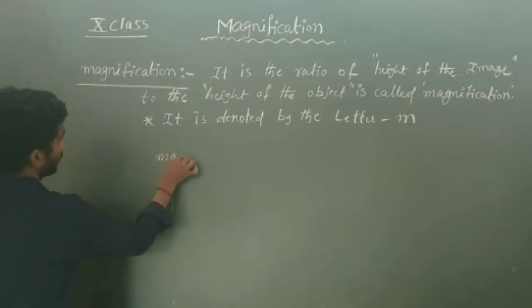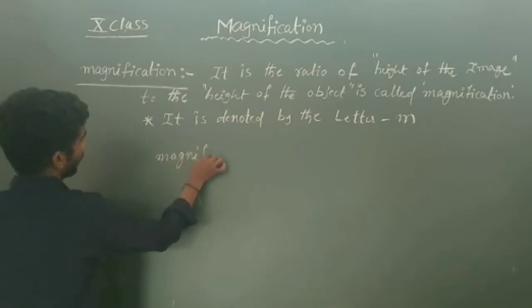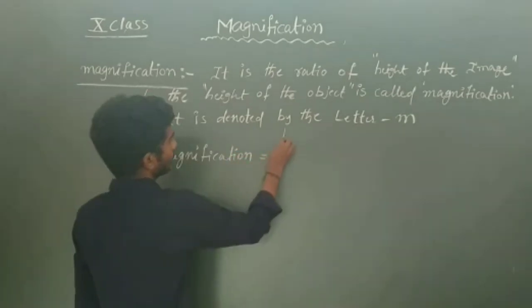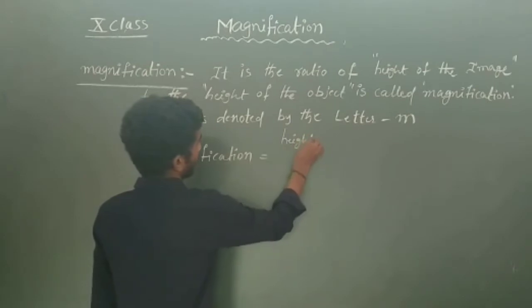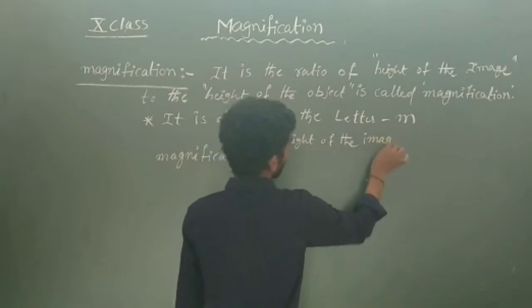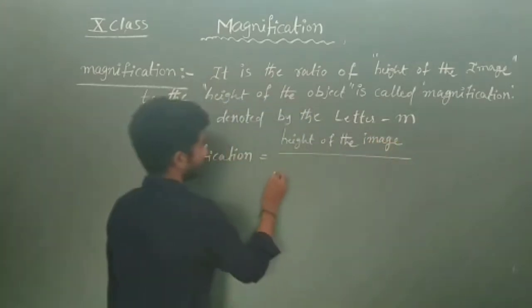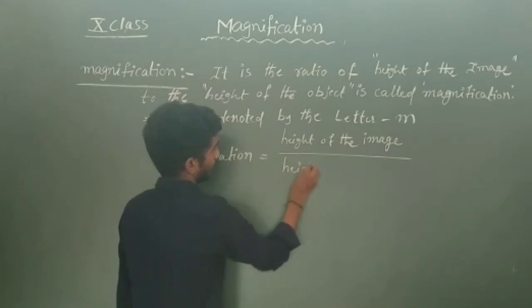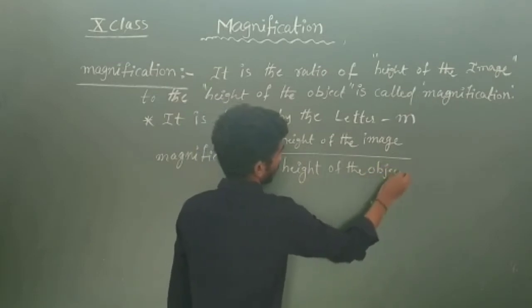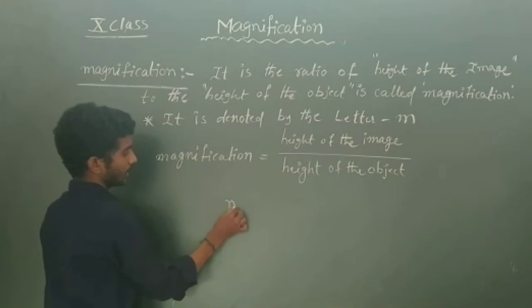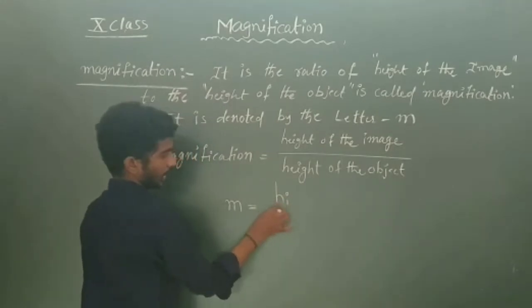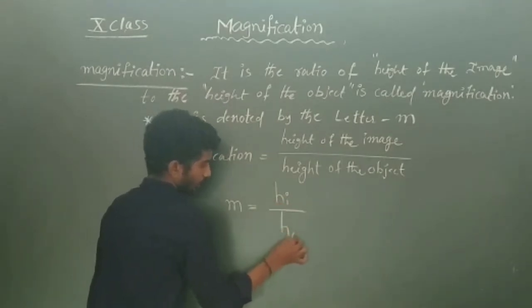Mathematically, magnification is equal to height of the image divided by height of the object. So magnification, denoted by the letter M, is equal to height of the image HI by height of the object HO.